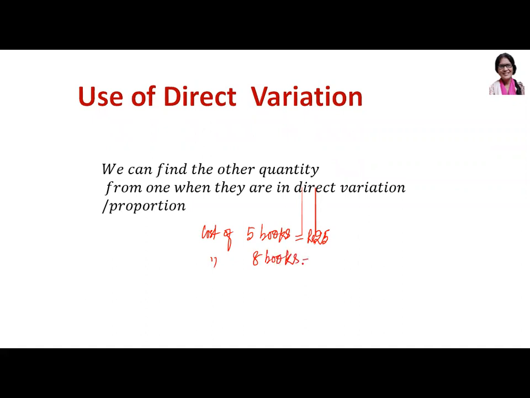I know you will say we can apply the unitary method, but here we'll write using this direct variation concept, so it will enable me to do it very quickly without writing the whole statement as in the unitary method. So let us get ready to learn.